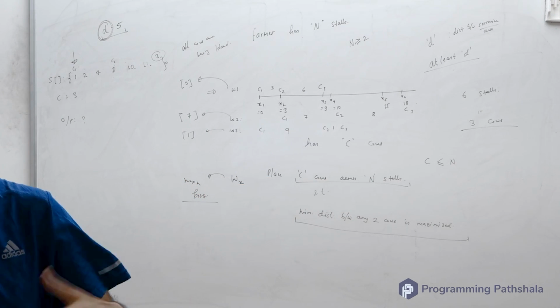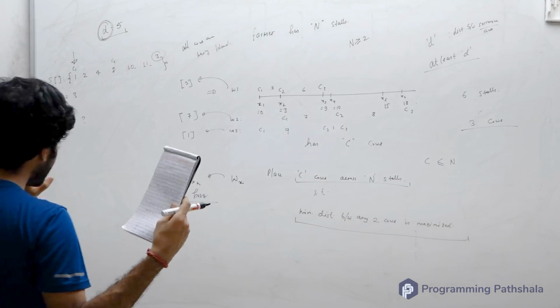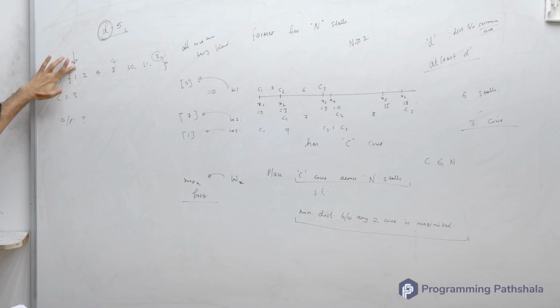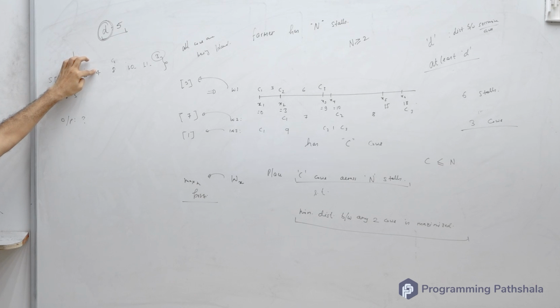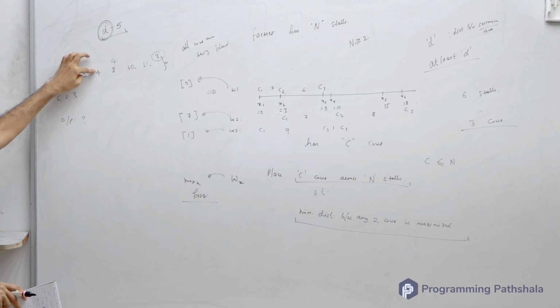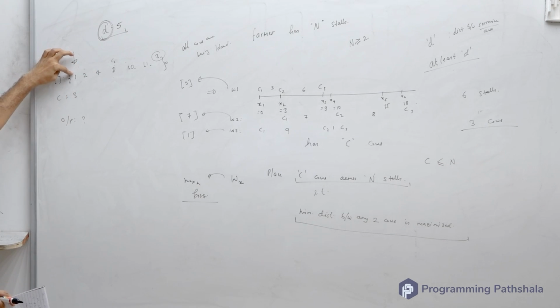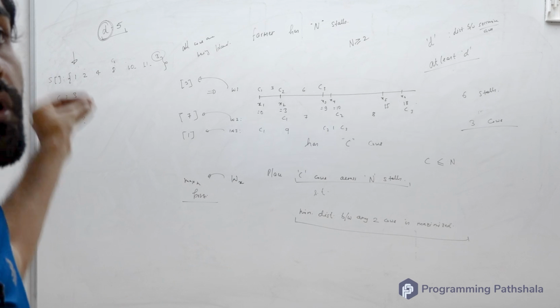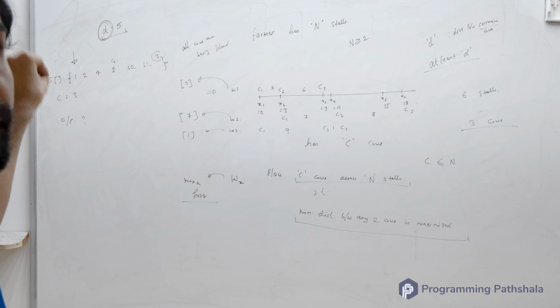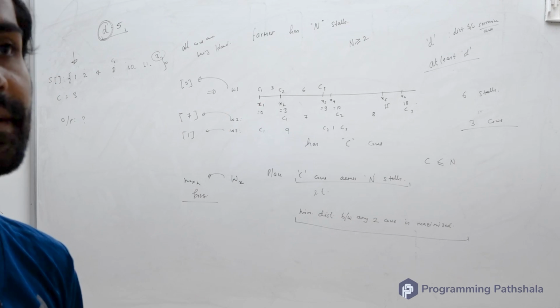In other words, if there is an arrangement where the first cow was placed somewhere else, then there will definitely be another arrangement where the first cow can be placed here also. So that is the reason you should always start by placing your first cow at the first stall and then the remaining cows at the remaining locations.